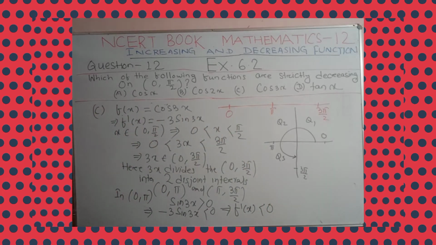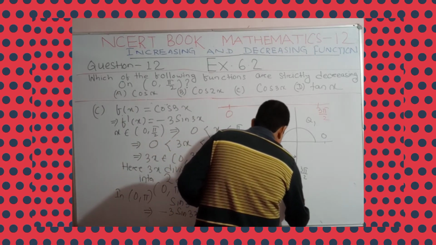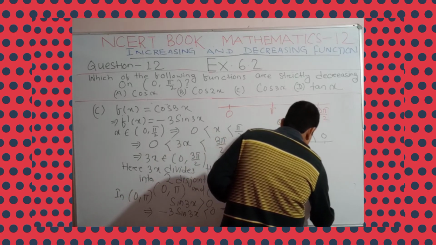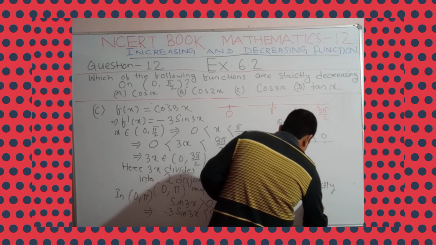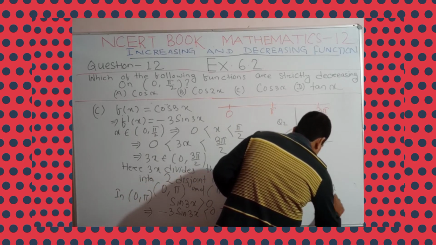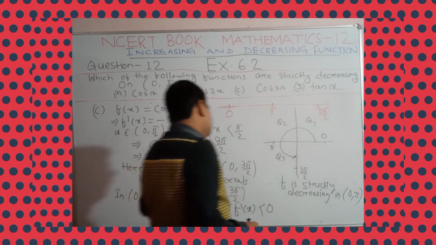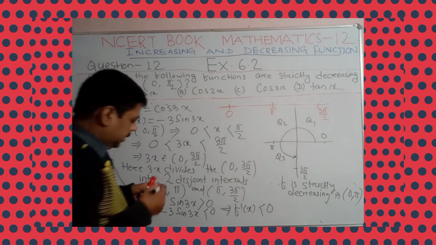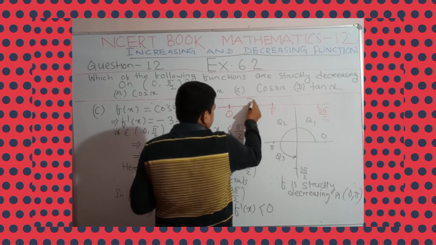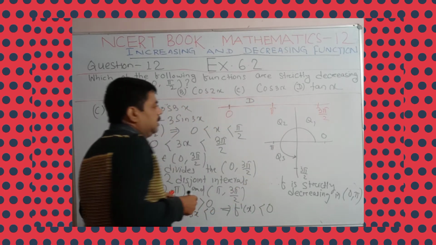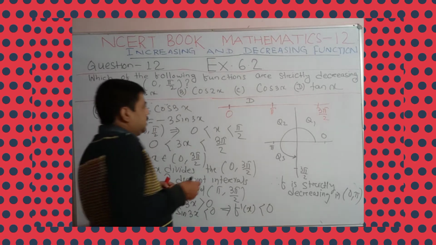It means the function f is strictly decreasing in the interval 0 to pi. Understand? This is the first point. So in the interval 0 to pi, the function is strictly decreasing.